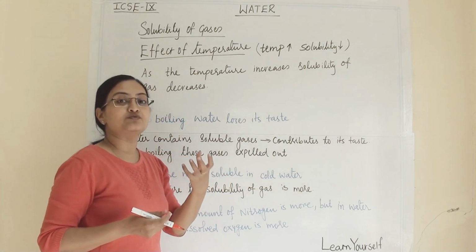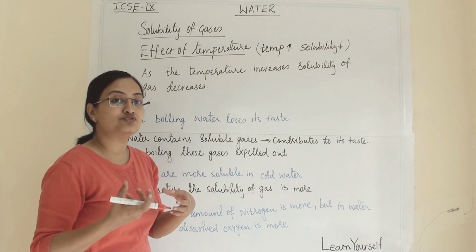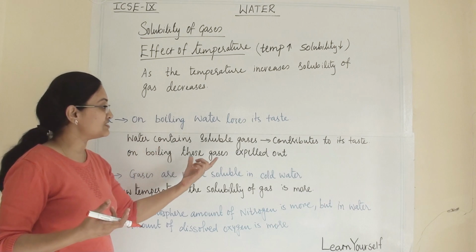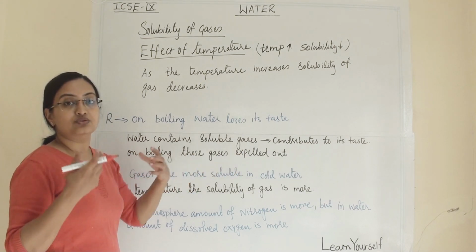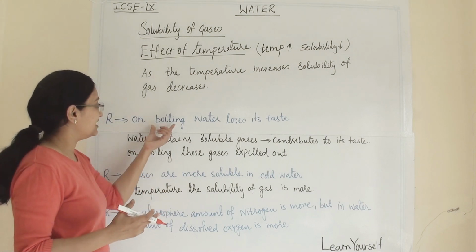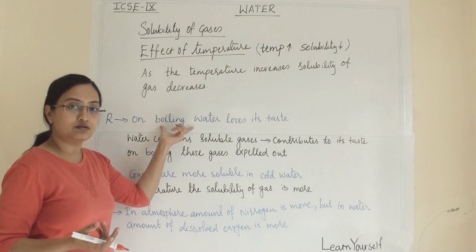Whatever gases have been dissolved in the water give a particular taste to the water. So when we are boiling it, those gases will be expelled out. So the taste will not remain the same as earlier. The taste will change when we are boiling the water.